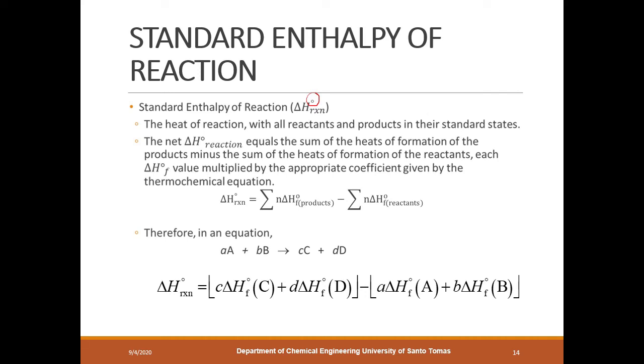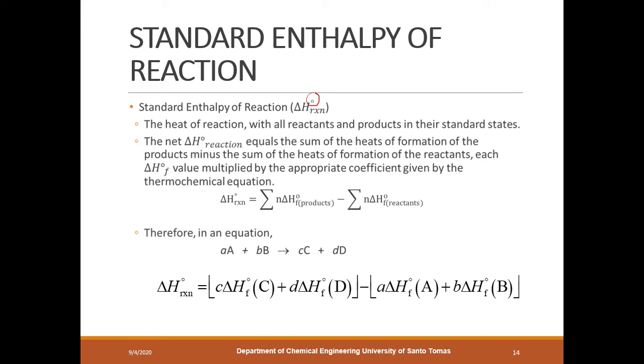It is also the net standard enthalpy of reaction that equals the sum of the heats of formation of the products minus the sum of the heats of formation of the reactants. So each standard heat of formation value is multiplied by the appropriate coefficient given by the thermochemical equation.